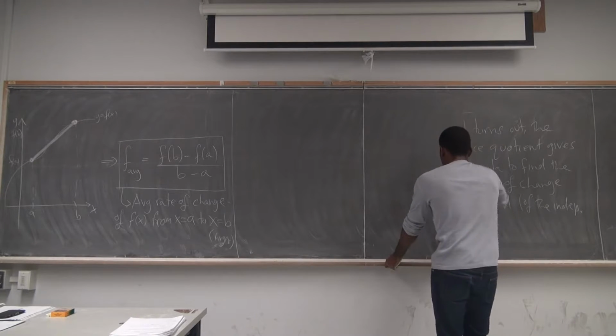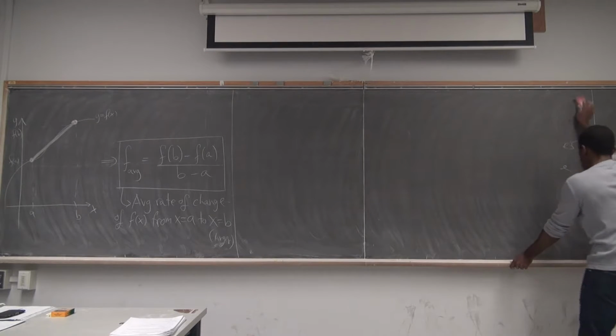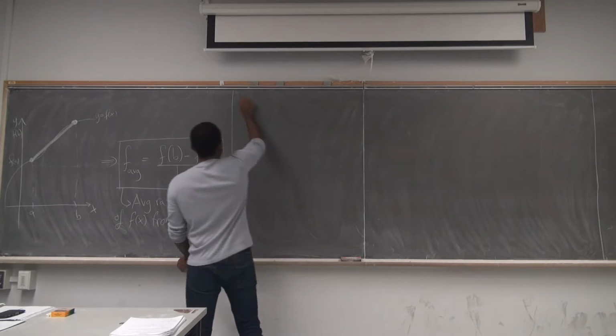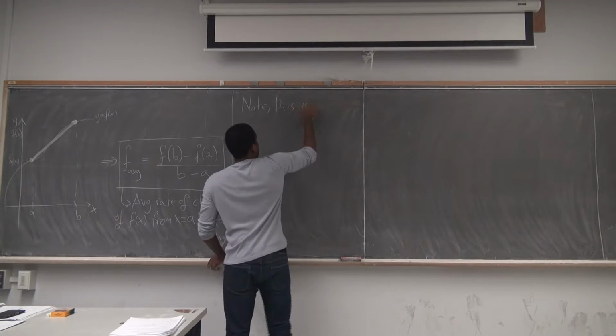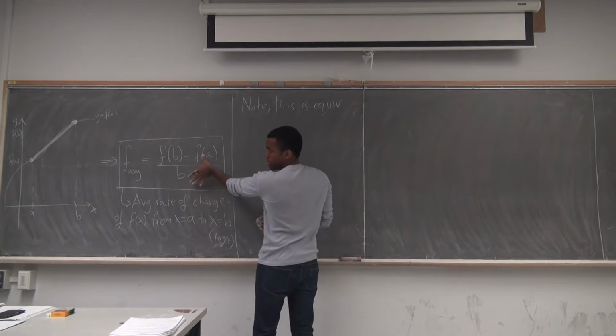I'll give you an example, but before that I just want to show you that this formula is actually equivalent to the other version of the difference quotient that we have. Note, this is equivalent. However, usually when I ask for this, find the average rate of change, just use this form.